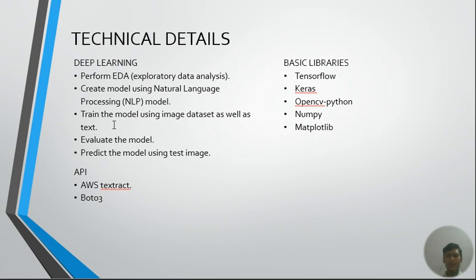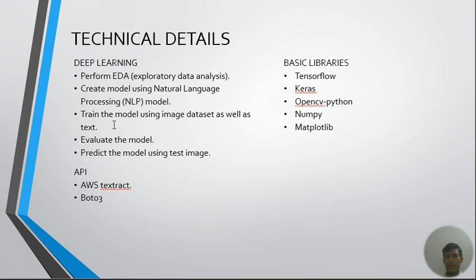I use some APIs for creating the models, like AWS Textract, which is an API of the Amazon AI services on Amazon Web Services, and I use Boto3. Basically, AWS Textract works on image to text conversion, and Boto3 is a very big API to handle the AI services, like Comprehend to find entities and find the sentiments, so that I can handle the meme classification.